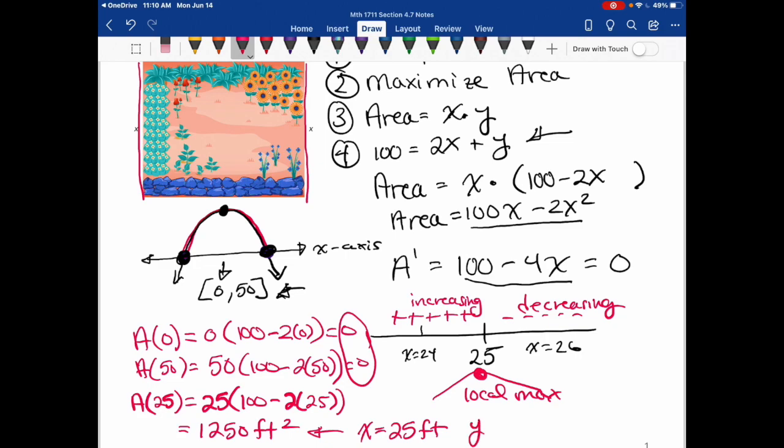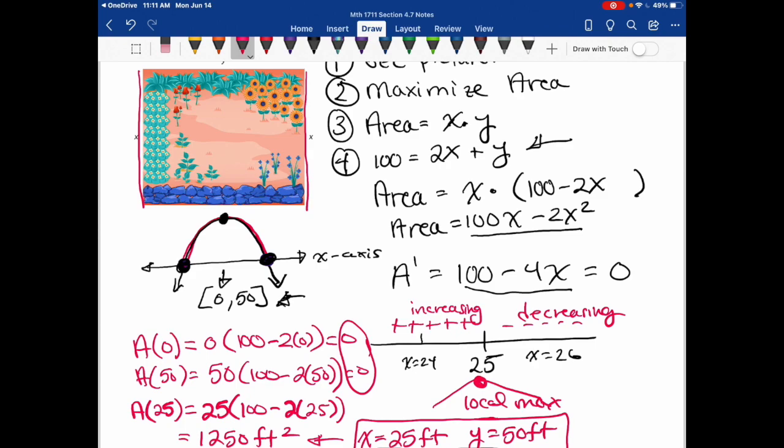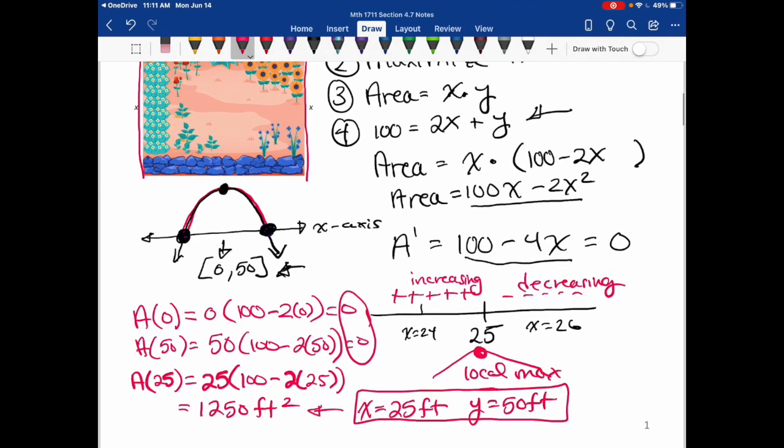Now, if x is 25 feet, y would have to be 50 feet in order to have an area of 1,250. So these would be my dimensions for the garden. The sides perpendicular to the rock wall are 25, and the side parallel to the rock wall would be 50 feet, and that would give us a maximum area of 1,250.